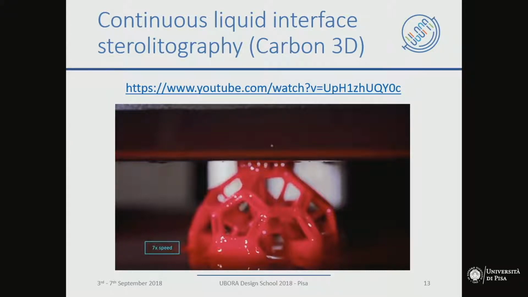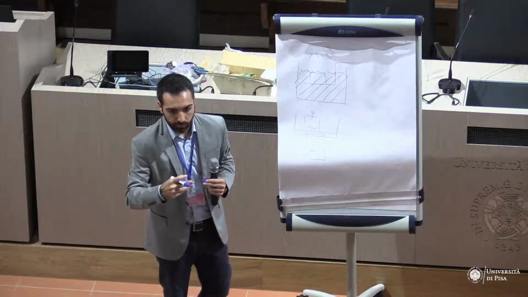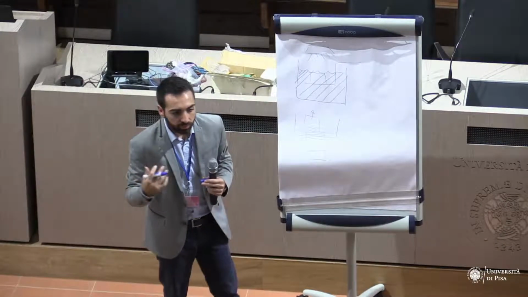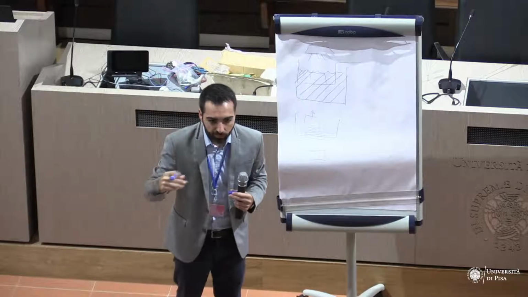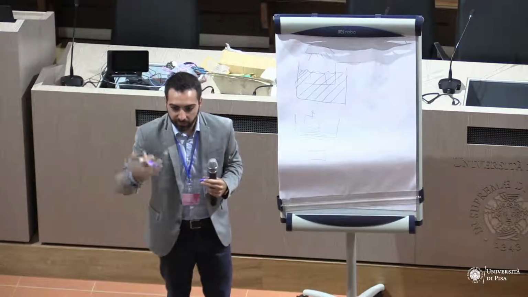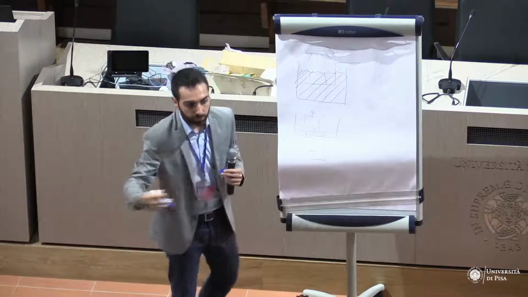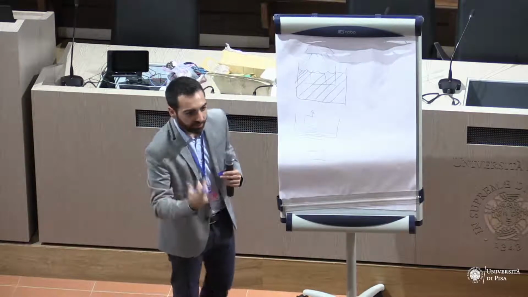So resins are very viscous. Viscosity is the property of liquid substances to flow. A low viscous material is a material that needs just a bit of force to flow. A very viscous material is a material that needs a lot of pressure to flow. This is in a very informal way.